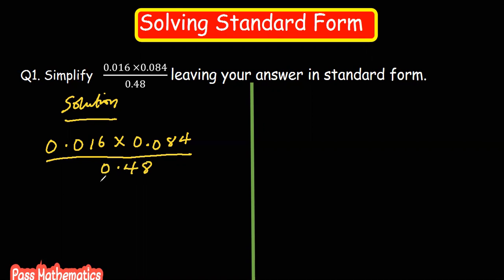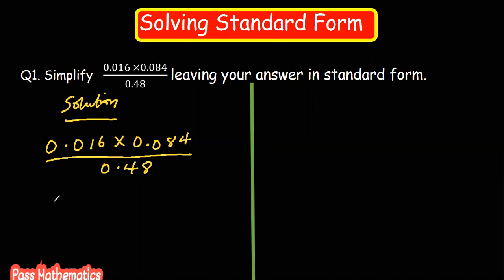So first thing to do is to change all these decimal numbers into a whole number, into standard form rather. So to do that, we are going to use standard form.